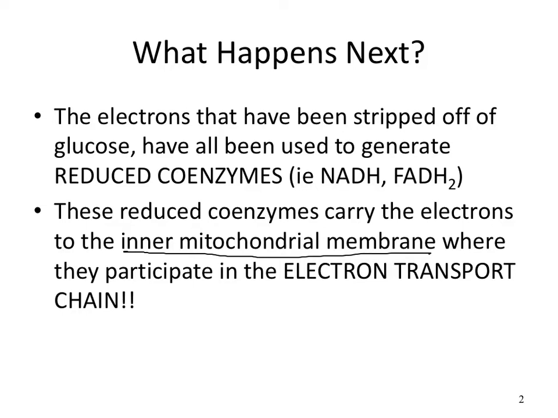The electron transport chain is going to use the energy generated by those redox reactions to produce something called the proton motive force, and that is going to provide the energy to run ATP synthase. Let's look at the components of an electron transport chain in a little more detail.